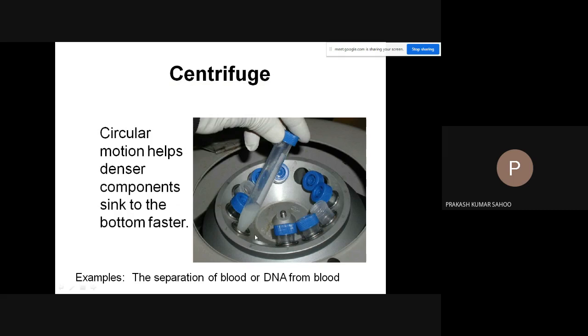Where a circular motion with high speed happens, this mixture gets separated on the basis of its density, where the denser part will be at the bottom and the less dense part will be at the upper part of the solution.